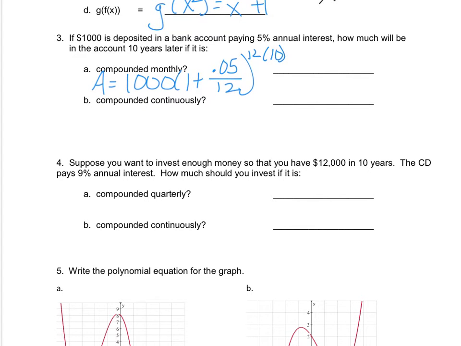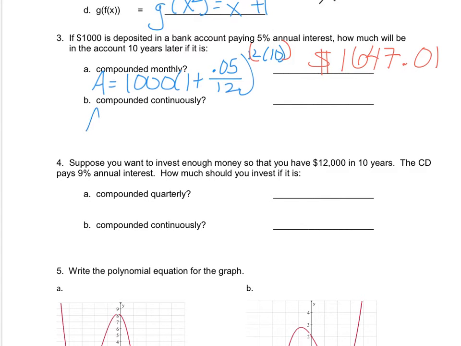And when you're typing that in your calculator, make sure that you put your entire exponent in parentheses, so that your calculator knows you want to raise it to the 12 times 10, and your answer should be $1,647.01. Round appropriately. Do not make a mistake on your test because of rounding.